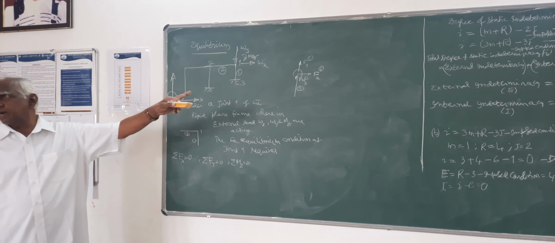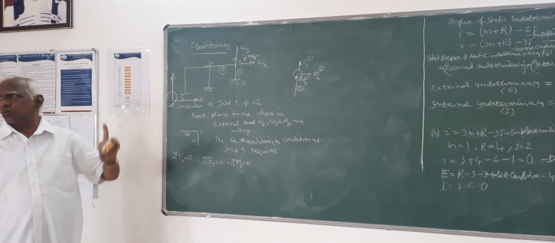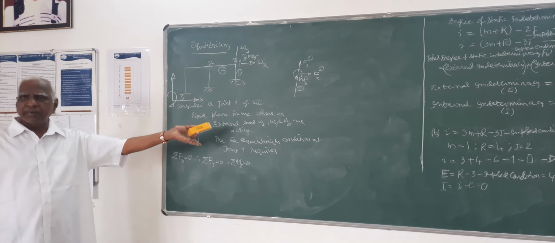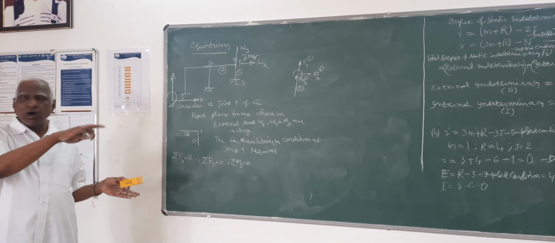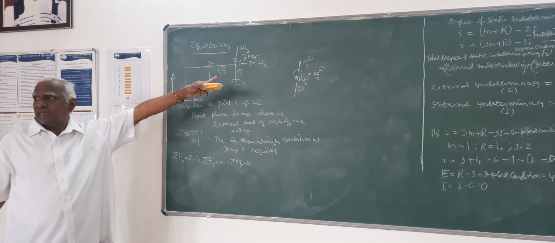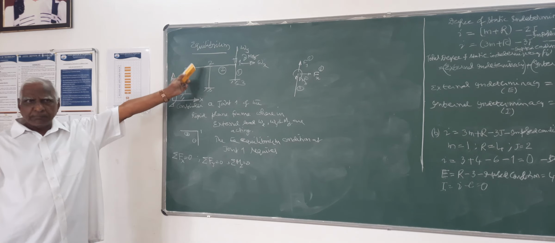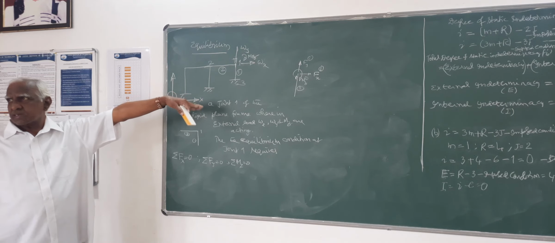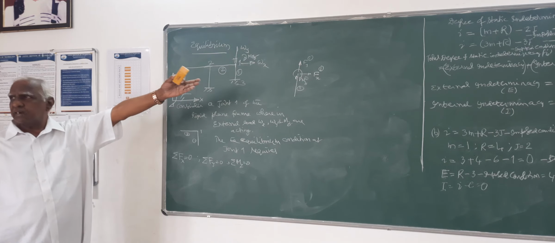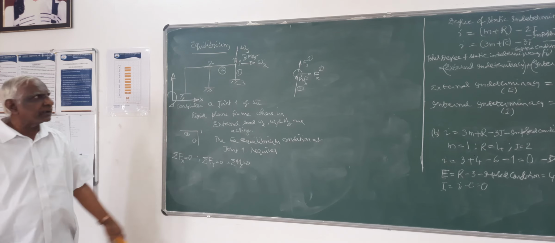This is how the free body diagram of member 1 looks, because I told you in the beginning that at each member end of the rigid plane frame there will be 3 forces: axial force, shear, and bending moment.